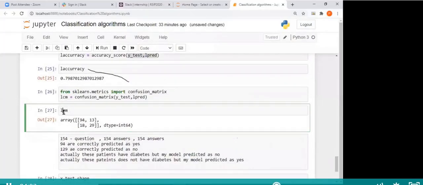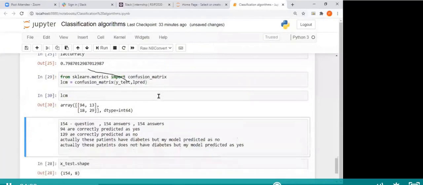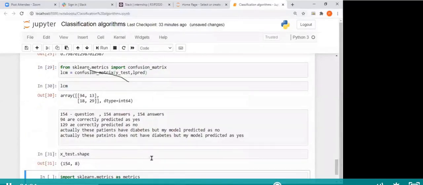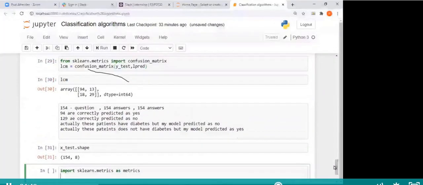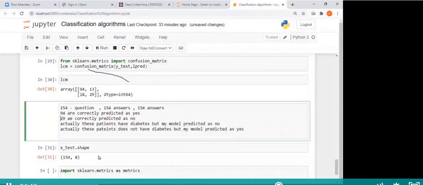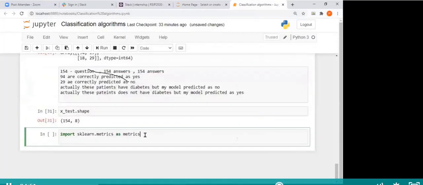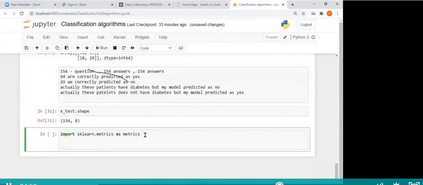Again, we have to apply random forest, decision tree, and logistic regression classification also to this data set, right? So just put that as LCM. That is 29. That one got typed.